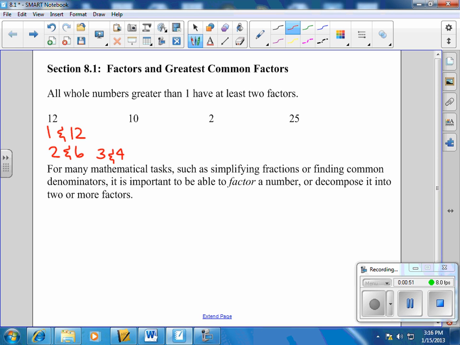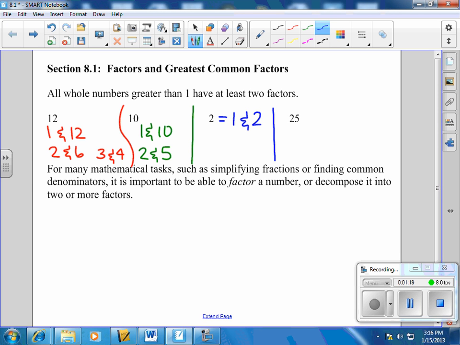How about 10? 10 does not have that many. It of course has 1 and 10, but then the only other one that it has is 2 and 5. A number like 2 is pretty boring. It only has 1 and itself. 1 and 2 are the only numbers multiplied together that give us 2.